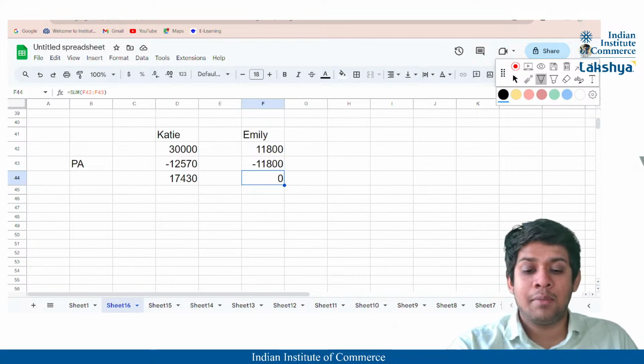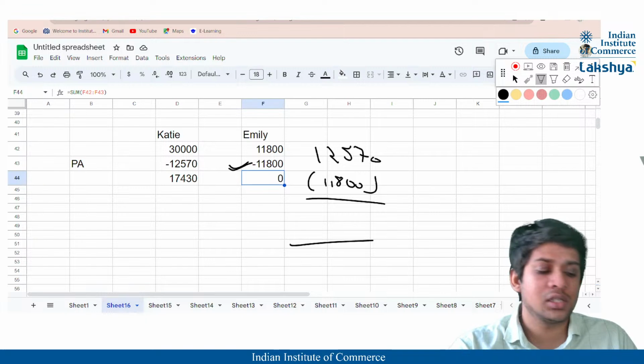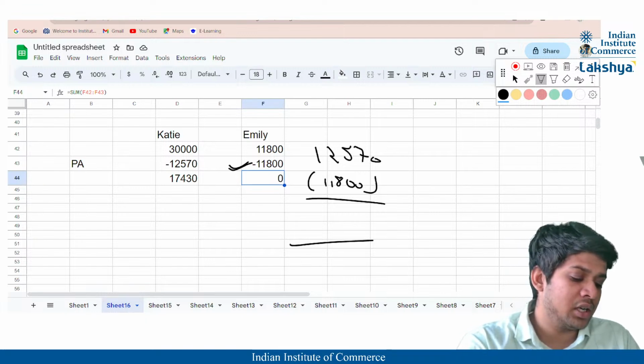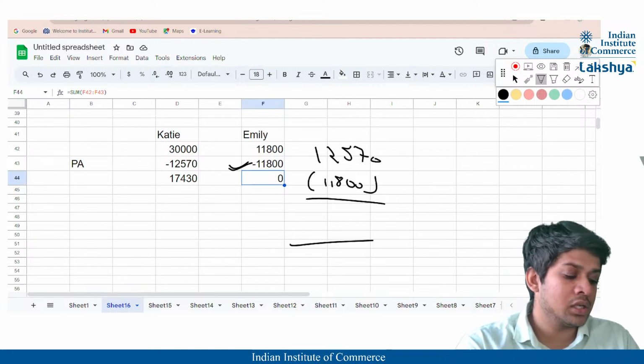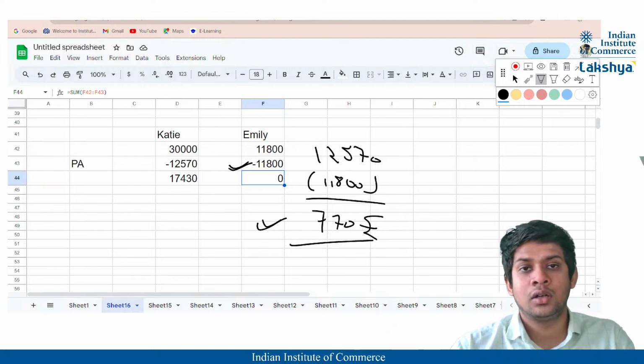personal allowance. Emily has a total personal allowance of 12,570, out of which she has used 11,800 worth. That is 12,570 minus 11,800. That means she has only 770 pounds worth of personal allowance available with her, right?